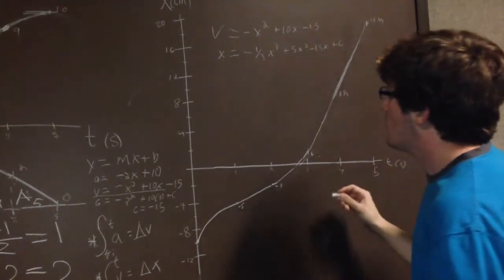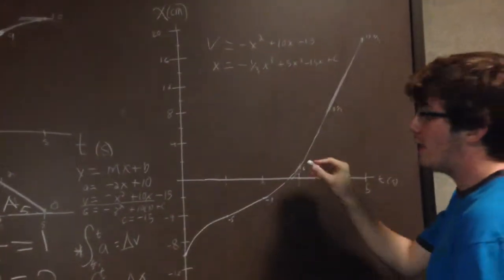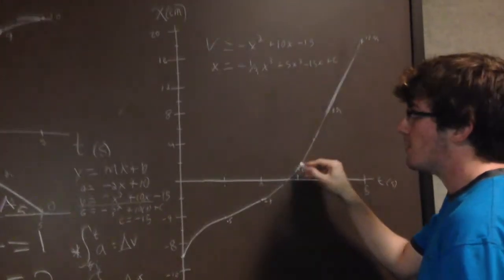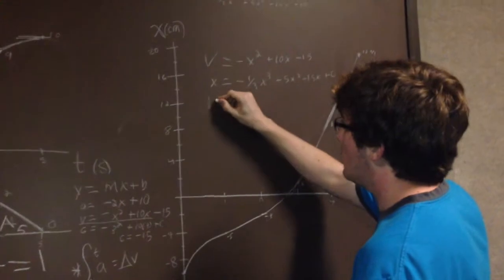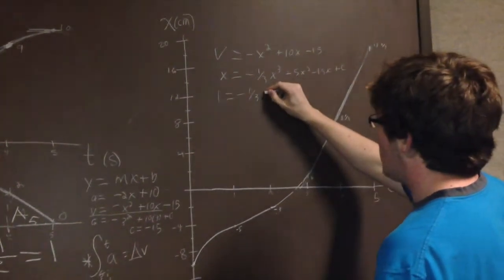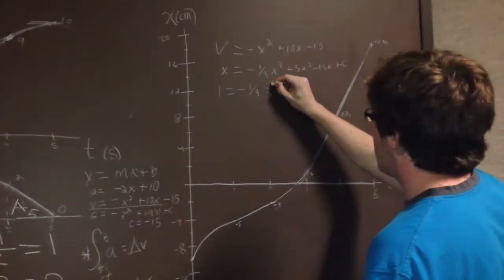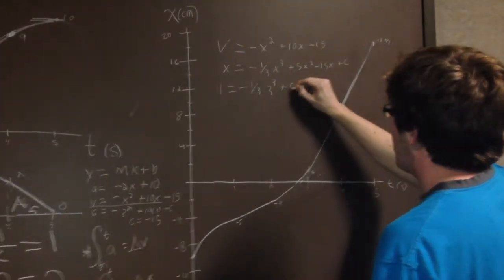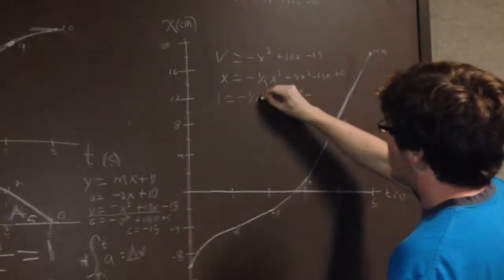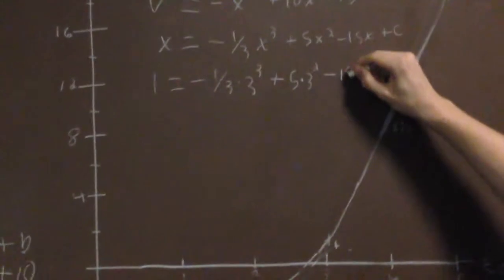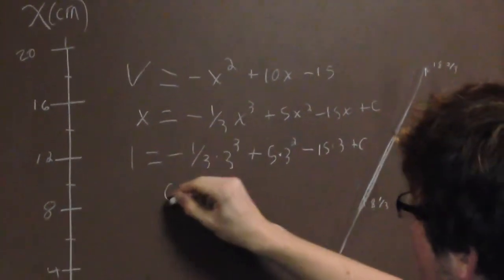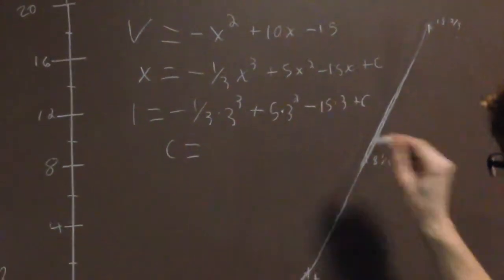This time we plug it in for our position graph. At 3 seconds we have 1 meter. So we would have 1 is equal to negative 1/3 times 3 cubed plus 5 times 3 squared minus 15 times 3 plus c. And we end up having c is equal to 10.